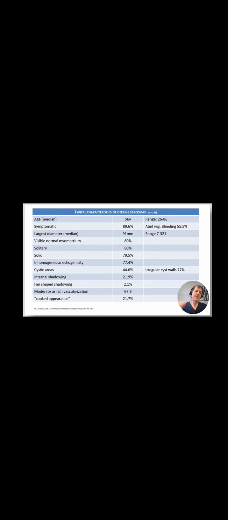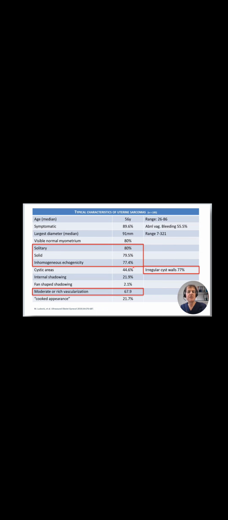There is, I think, one of the best retrospective studies about the typical characteristics of sarcoma by Ludovici. And they showed that sarcomas in patients after menopause are often symptomatic, often solitary, solid lesions that are inhomogeneous in echogenicity.